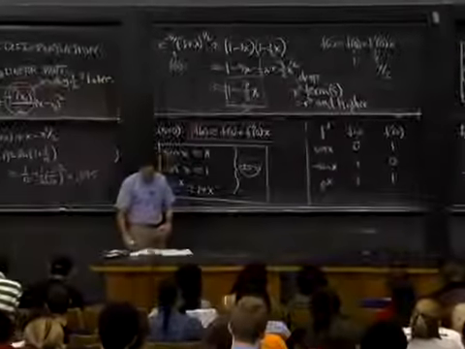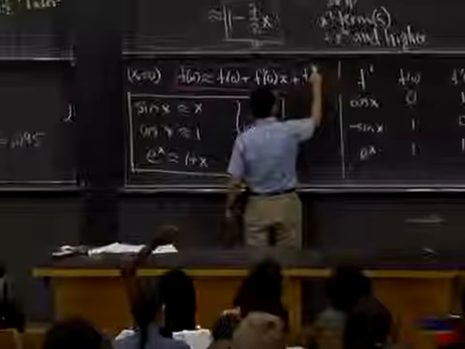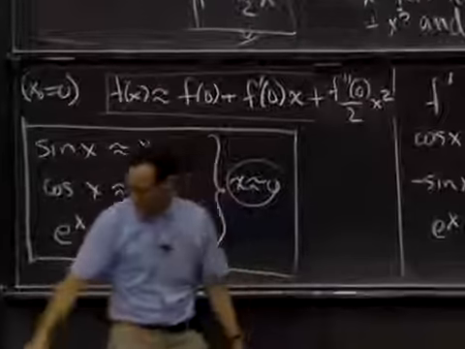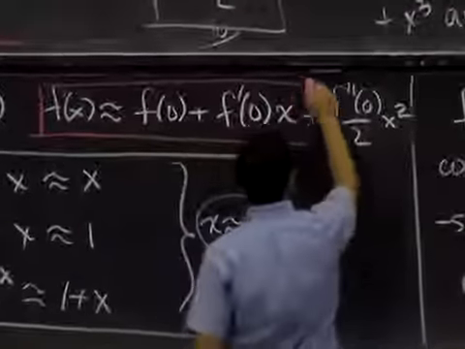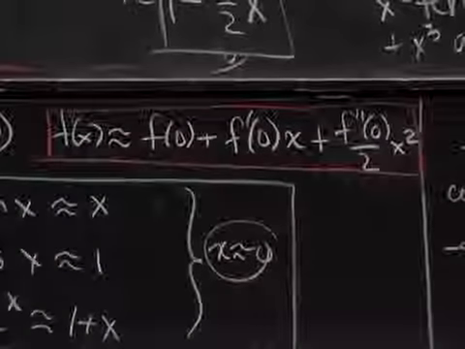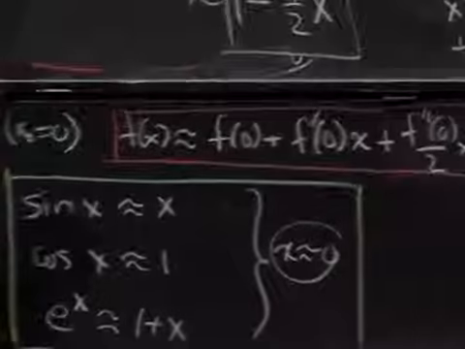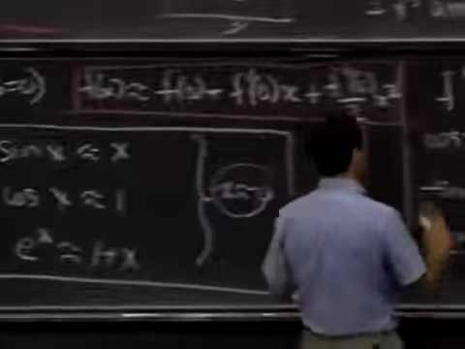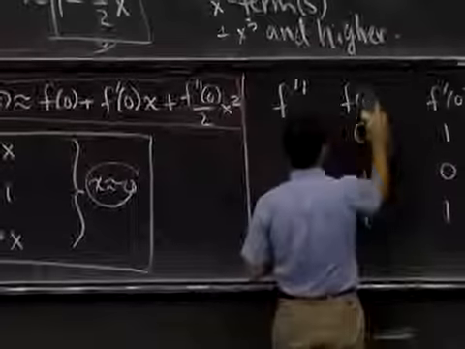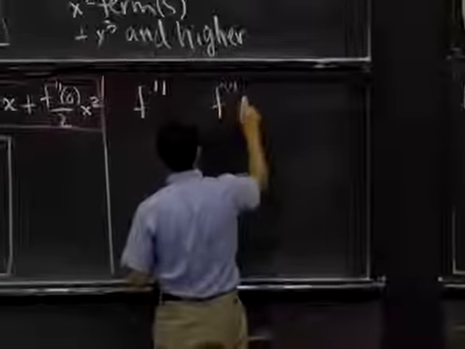So first of all, I want to add in the extra term here. All right, here's the extra term for the quadratic part. And now, in order to figure out what's going on, I'm going to need to compute also second derivatives. So here I need a second derivative, and I need to throw in the value of that second derivative at 0.